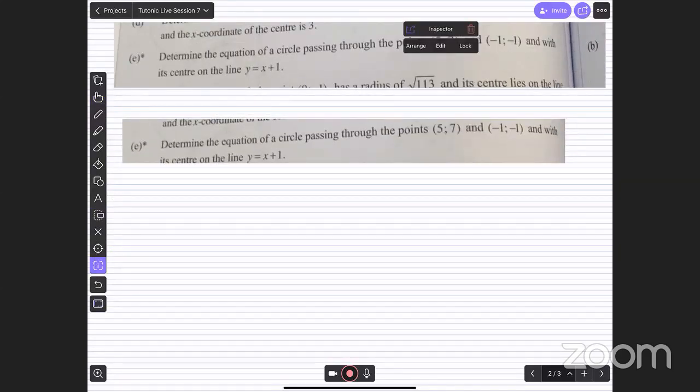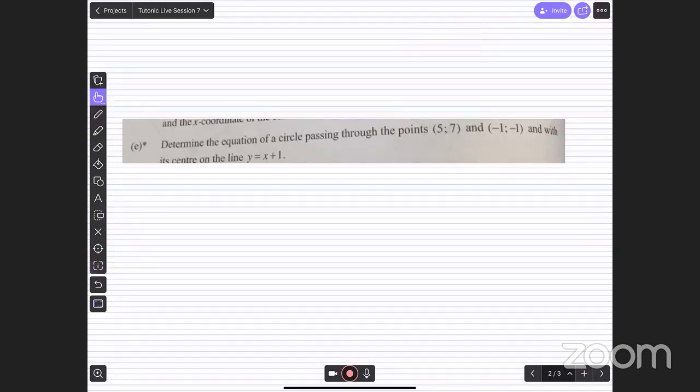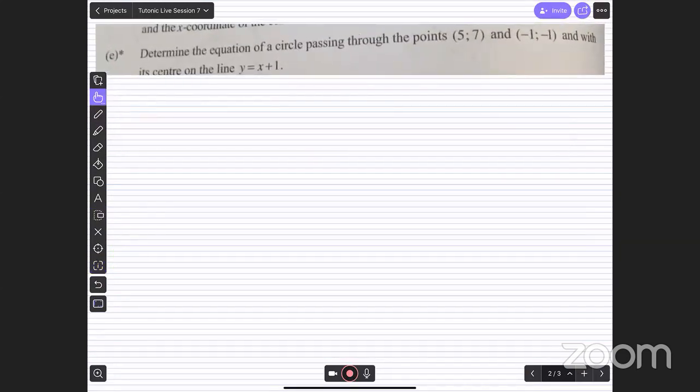Okay, so how did you break down this question? I know it's got a star next to it, which means that it's difficult. How did you read this question? Set the scene for me. So we have 2 points, which are 5 and 7, and -1 and -1, on the circle.